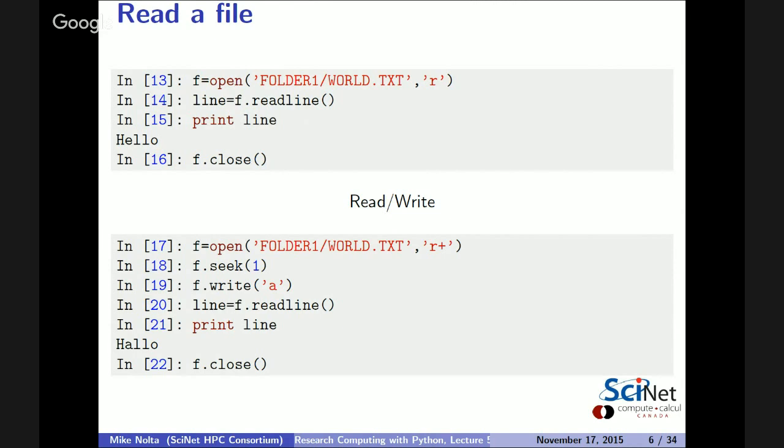The seek command basically means move your current pointer in the file around by this many bytes. So basically this says, okay, I open the file. Now I'm going to go to the first byte, write something at that position, and then read a line starting from the next character.